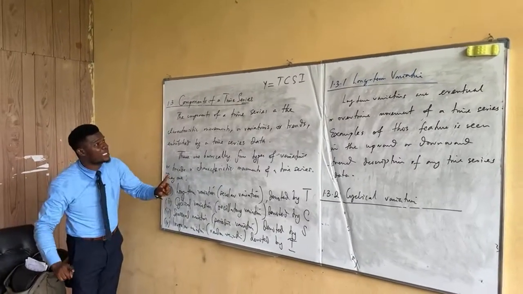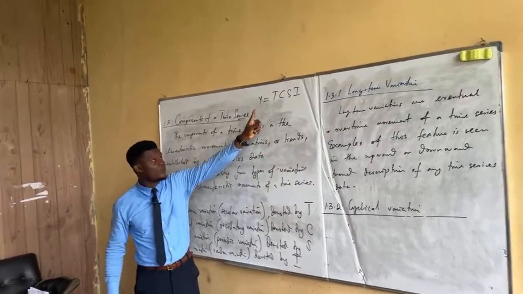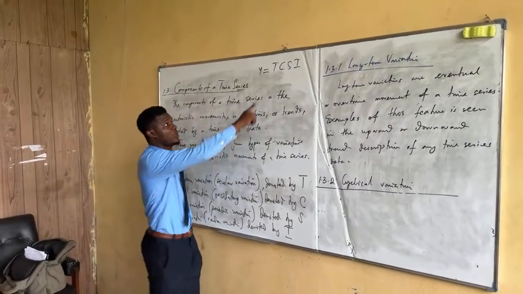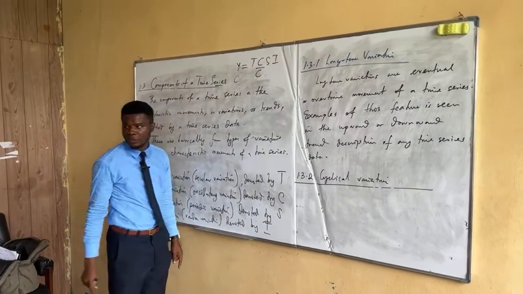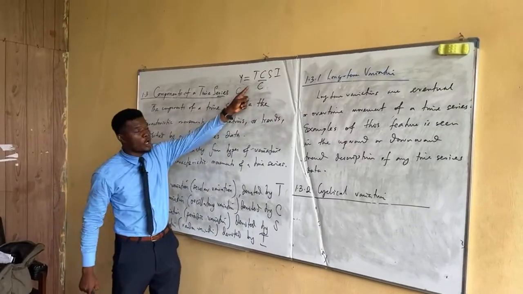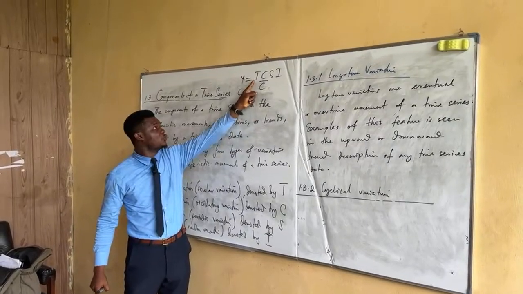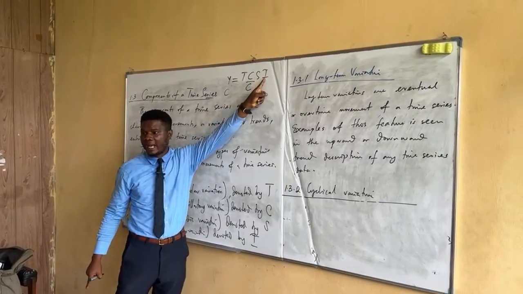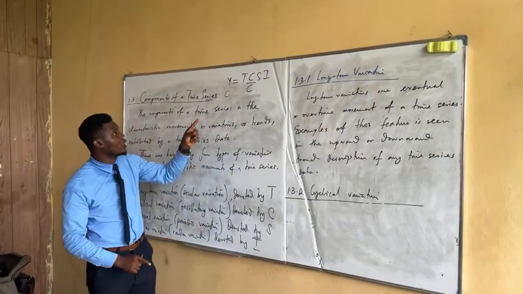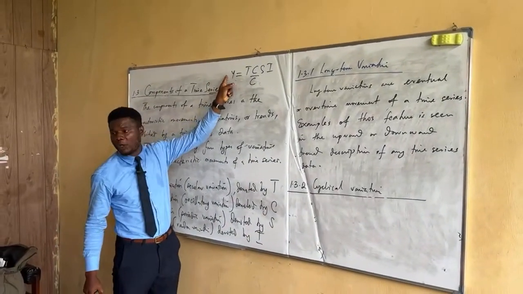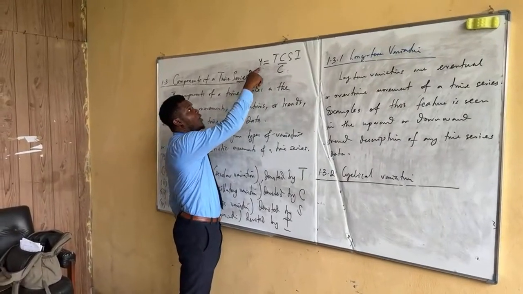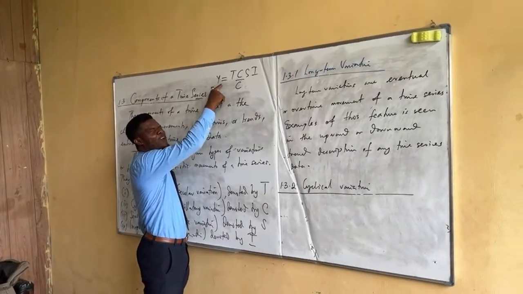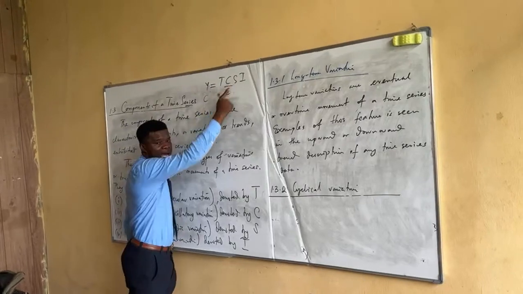For you to eliminate them from a time series graph, look at it carefully. If I want to eliminate cyclical components, all I need to do is to divide by C. And what will remain? If I divide through by C, it will remain TSI. And the graph will no longer be a plot of y against these three. It will then be a plot of Y over C against TSI.